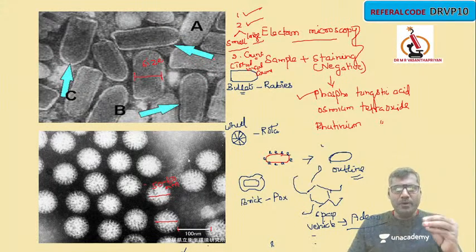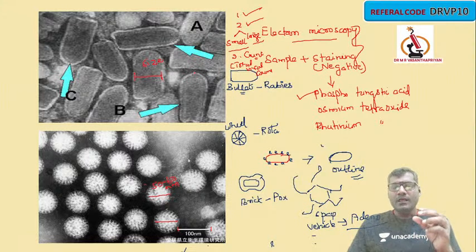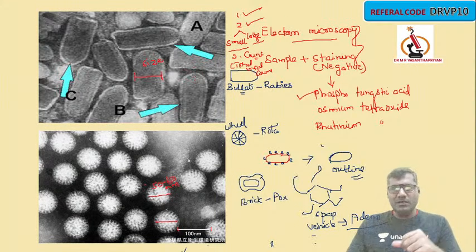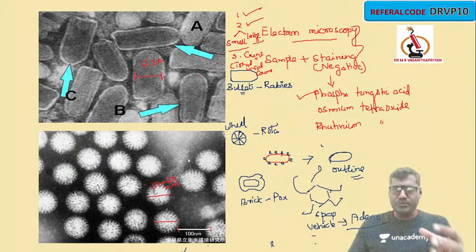Now, one important point to remember here: not all of the viruses are going to cause disease for the individual. That means they do not all act as a virion or virulent mechanism. For example, we detect 1,000 viruses in the microscopy. Not all 1,000 viruses are responsible for the disease in the individual.